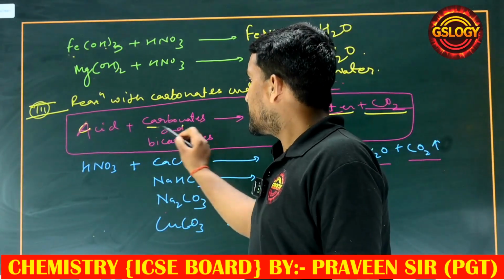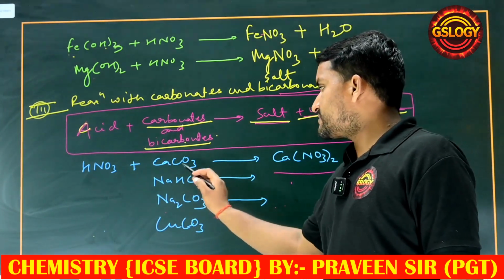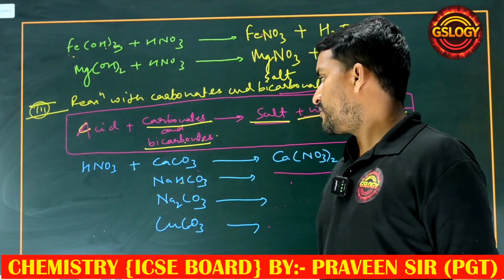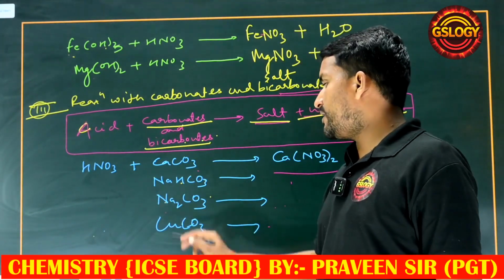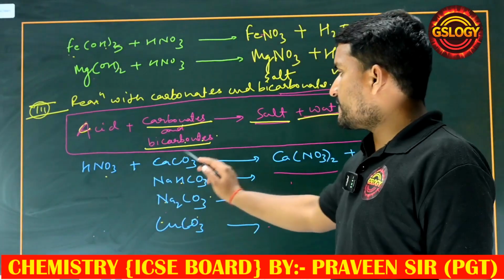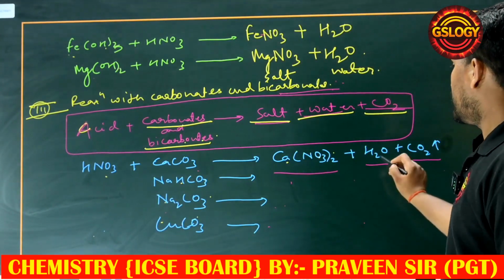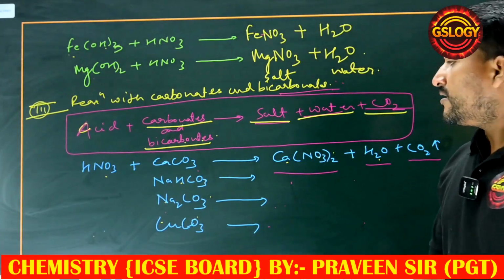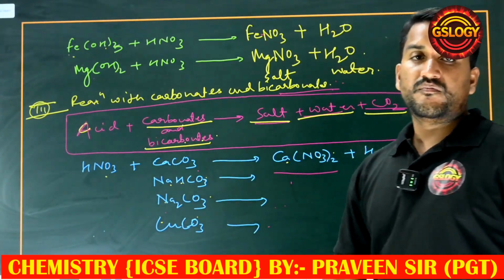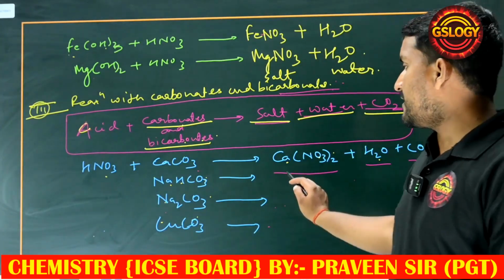Carbonate means CaCO3, bicarbonate means NaHCO3. Nitric acid reacts with calcium carbonate, then it will form calcium nitrate, water, and carbon dioxide. Similarly, nitric acid reacts with sodium bicarbonate.